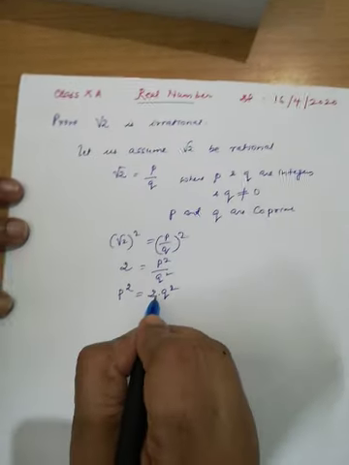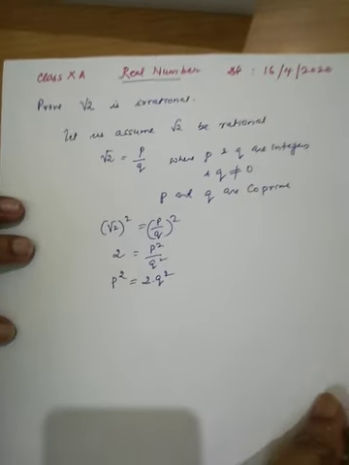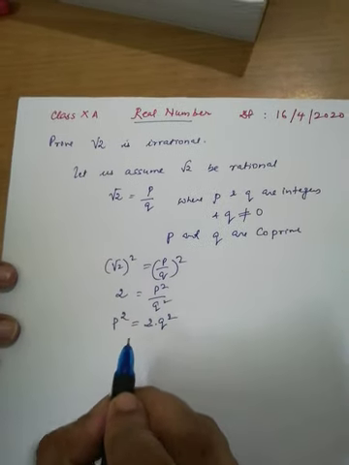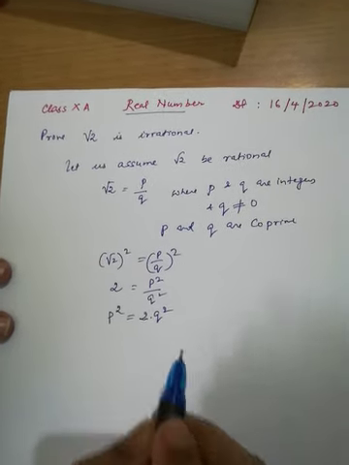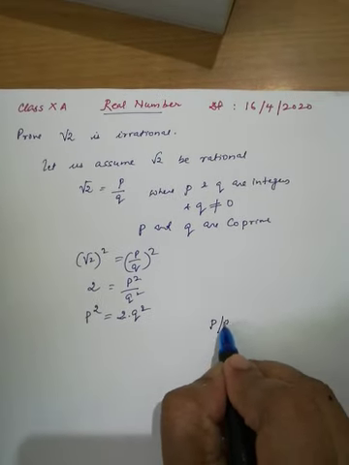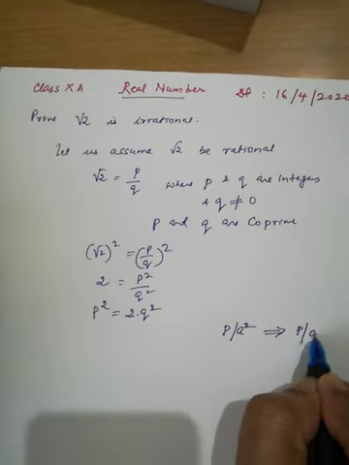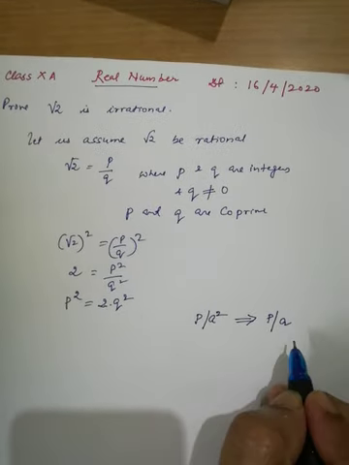Now before this, I don't know whether you could understand yesterday. It was told that if P is a prime number and if P divides A square, it implies that P divides A. I had given an example.